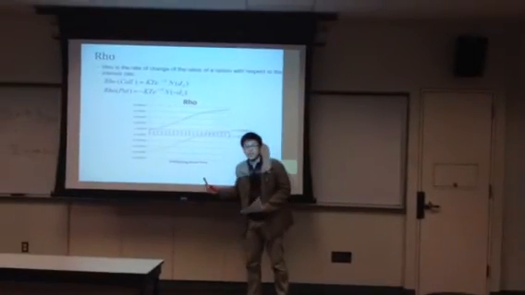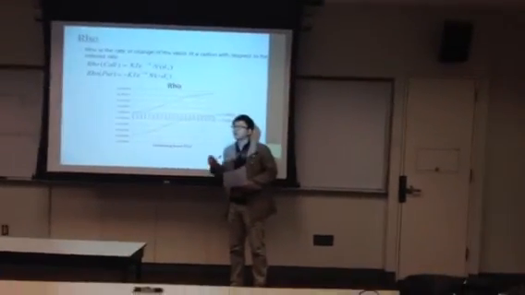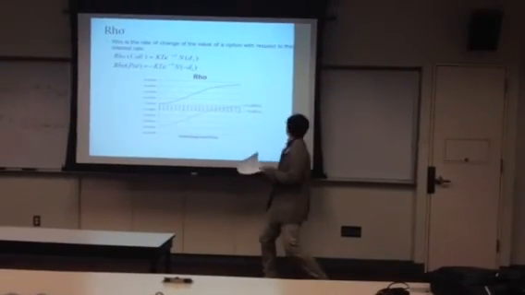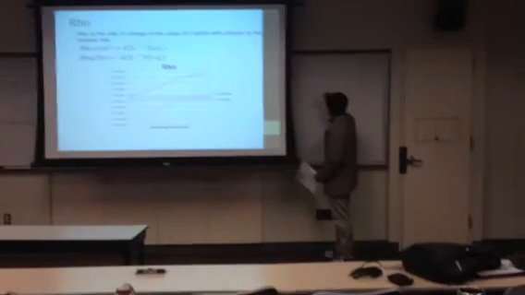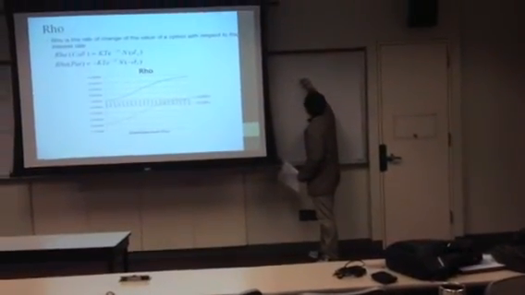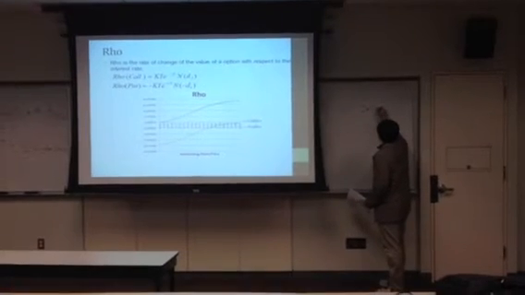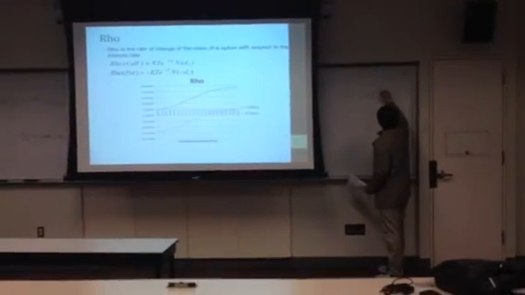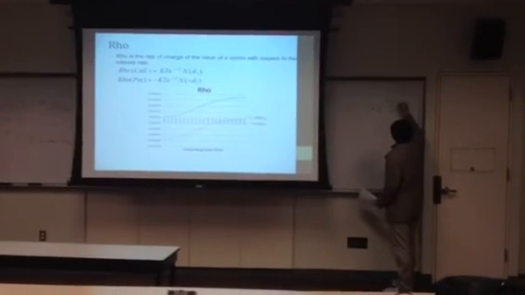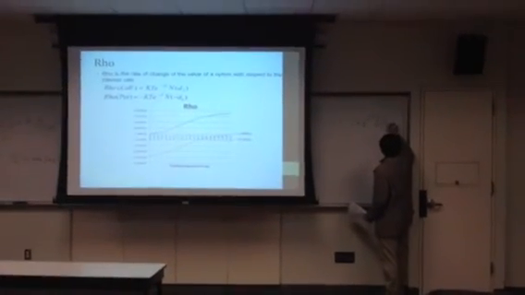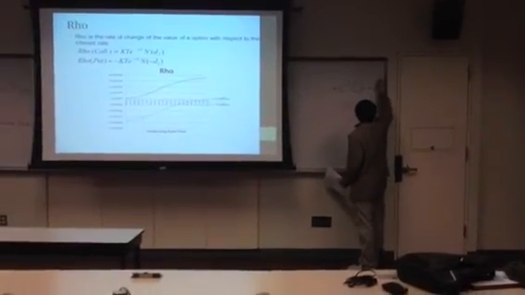This is very complicated because rho is affected by two things. Okay, I put it right here. When the risk-free rate increases a little bit, let's say a call is equal to the discounted expected value of the maximum of ST minus K and 0, positive.